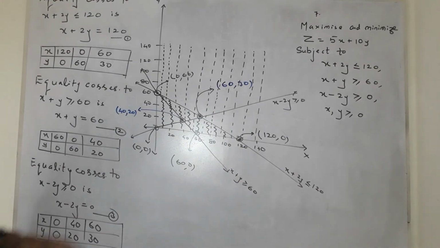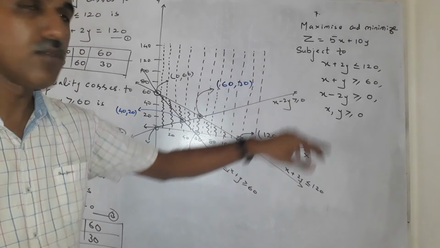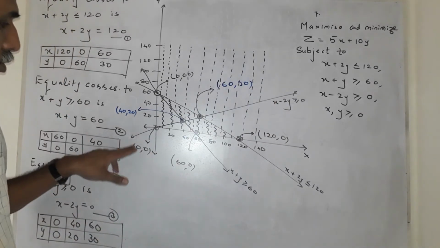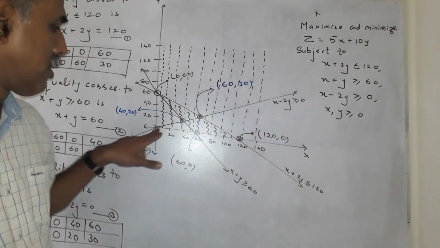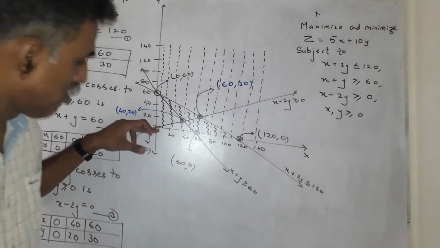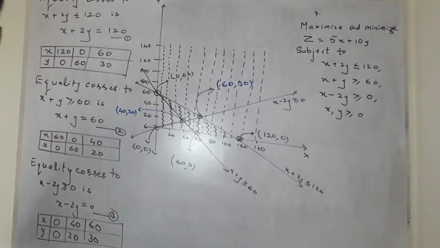The inequality is x minus 2y greater than or equal to 0. Now this point is 0, 0. At y equal to 0, x will be greater than or equal to 0. Move this side. So this is the feasible region. We use slanting lines to draw the feasible region.